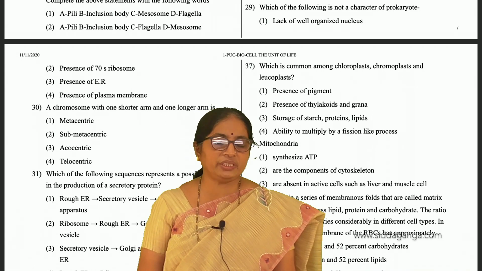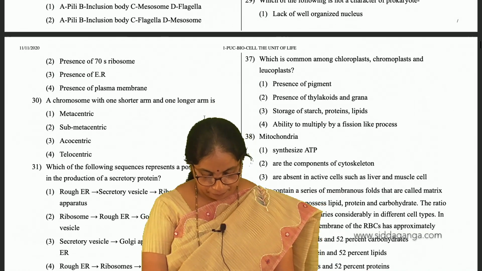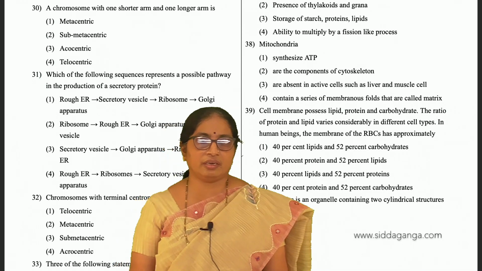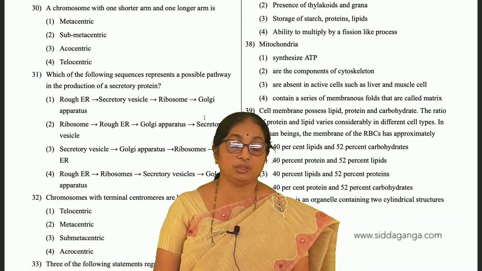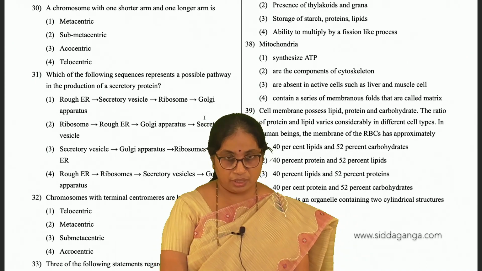Therefore, we will go with option 3, presence of endoplasmic reticulum is not a character of prokaryote. Next question. See, this type of complicated question does appear in your NEET and KCET exams, where you will be put in confusion about which is the right answer. You have to think for a while and then answer such questions. Next.